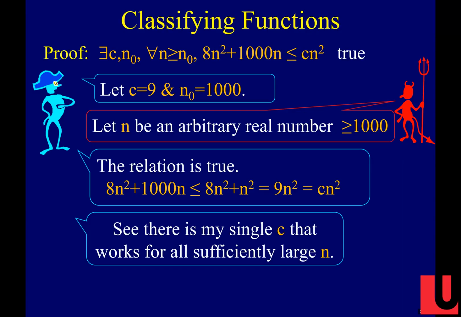Does n naught depend on your algorithm? My algorithm is 8n squared plus 1000n. So we could say for big n, the running time is 8n squared. But somehow there's this initial setup of 1000n. How do I pay for the 1000n?